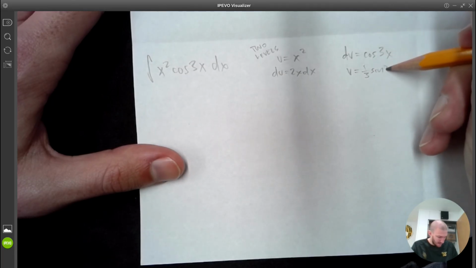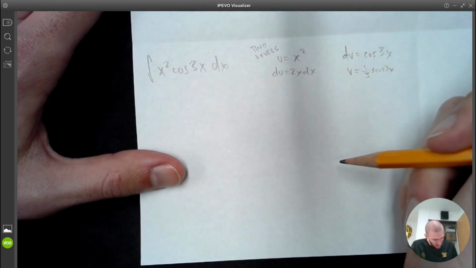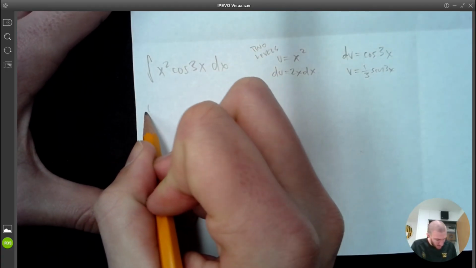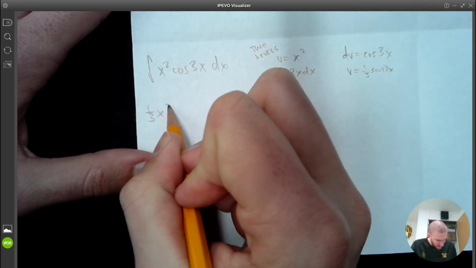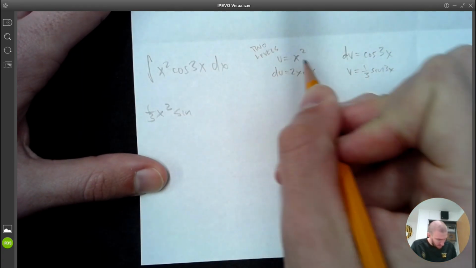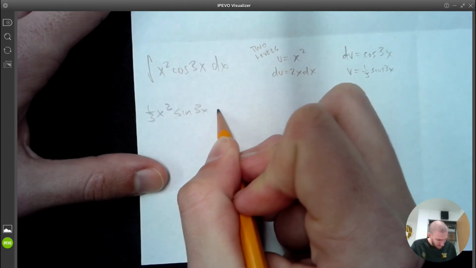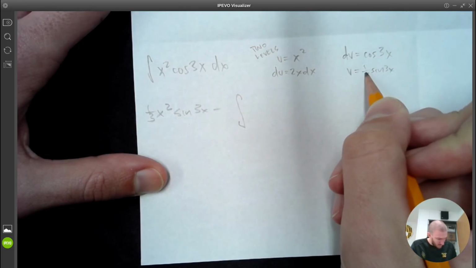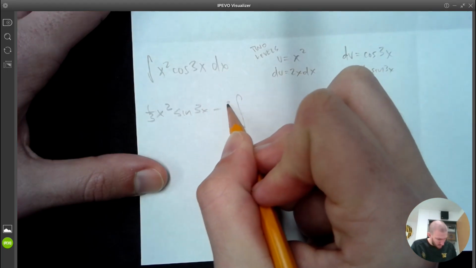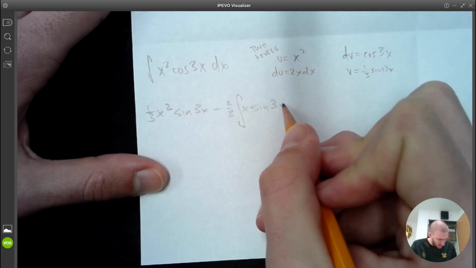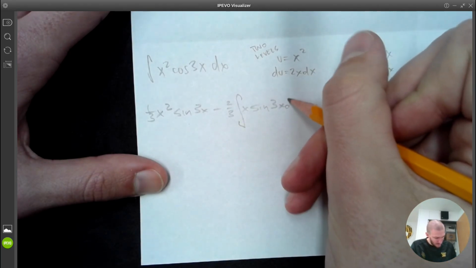is sine 3x. Multiply diagonally, that's going to be 1/3 x squared sine 3x minus the integral of these two. That's a 1/3 and that's a 2, so a 2/3 x sine 3x dx.